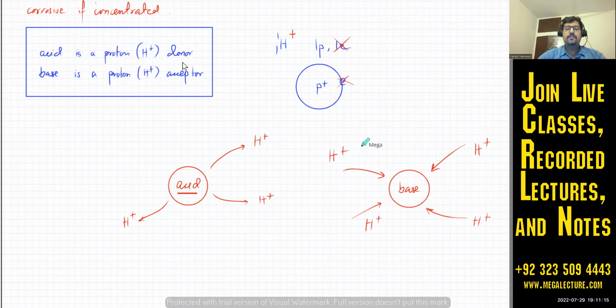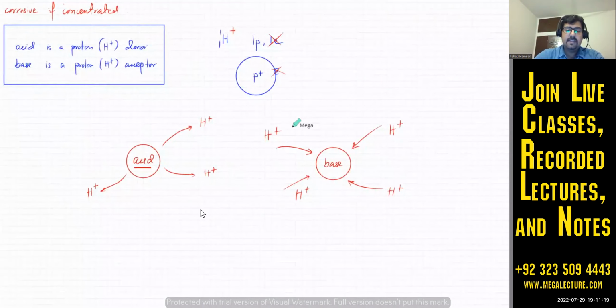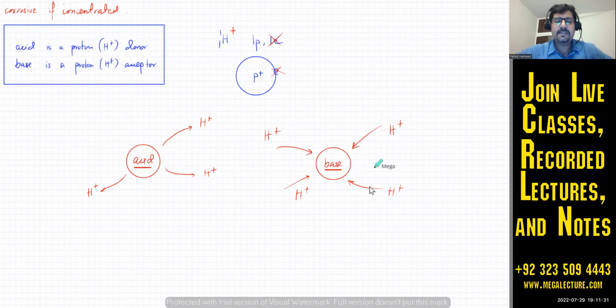So those are bases. Generally speaking, there's some random molecule that releases H plus 1, and another random molecule that accepts H plus 1 ions. The first one is an acid, the other one is a base. That's the main function of an acid and a base.